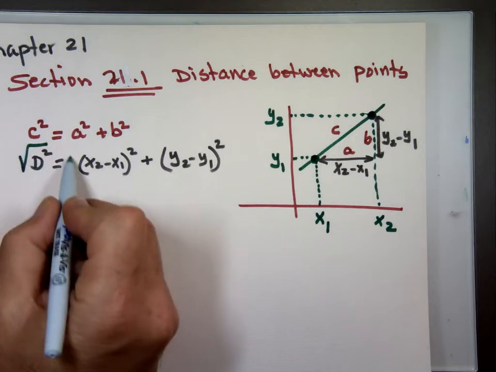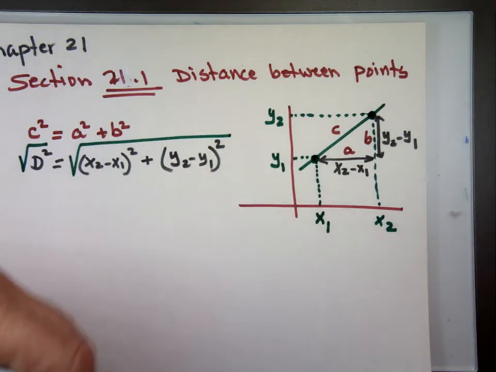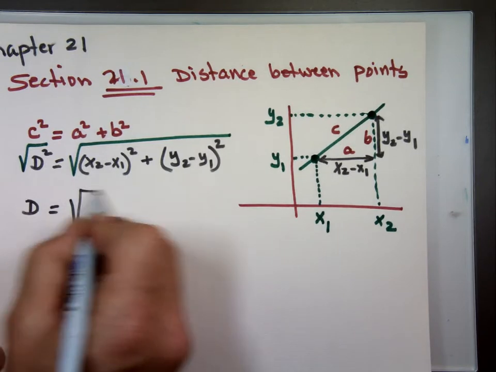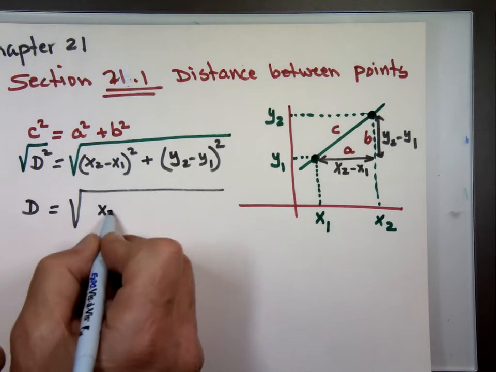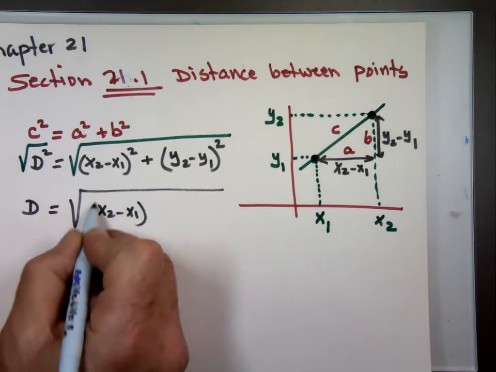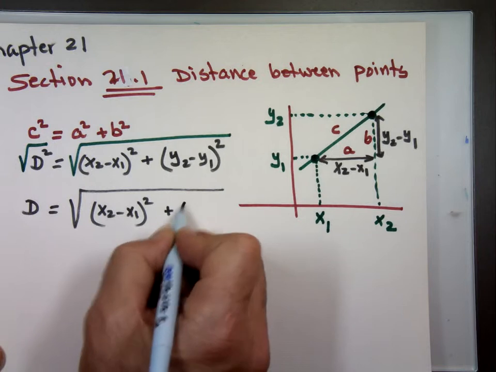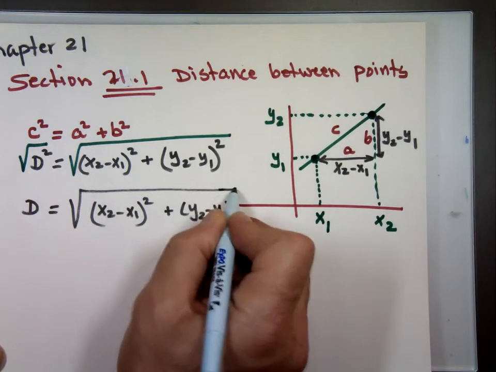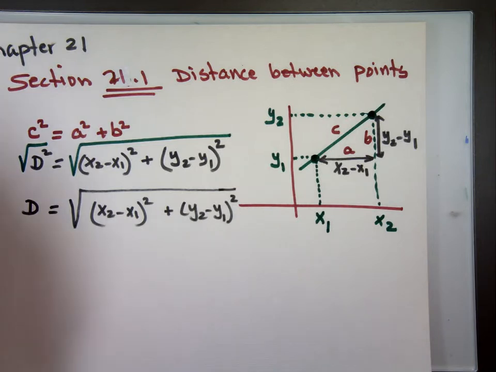Square root. And that's the equation you see in our book, that the distance between 2 points can be found by using this equation: x2 minus x1 squared plus y2 minus y1 squared. So that's really where the math came from, the derivation behind it.